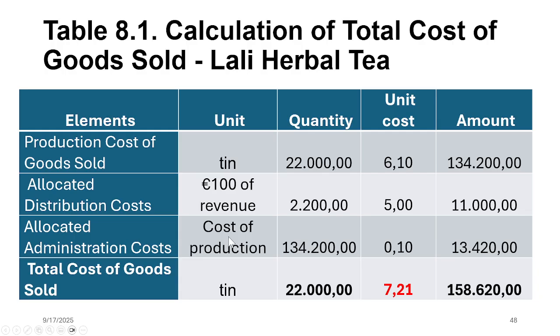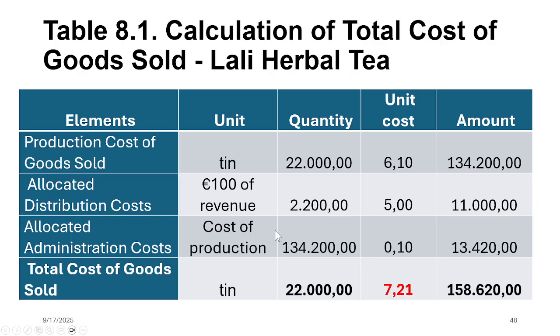The unit driver, or the nature of the unit driver, is the cost of production. So here the cost of production is how we calculate it, because the production of 20,000 tins shows a unit cost of 6.1, so you can move the 134,000 here.